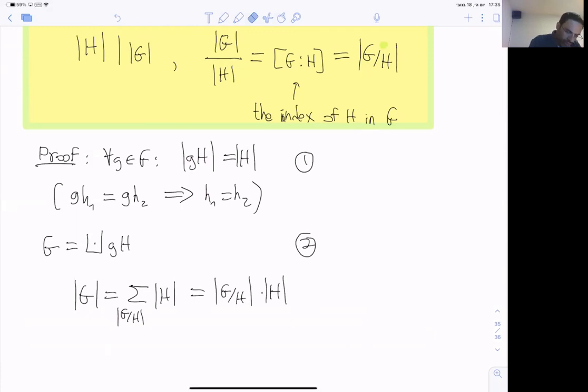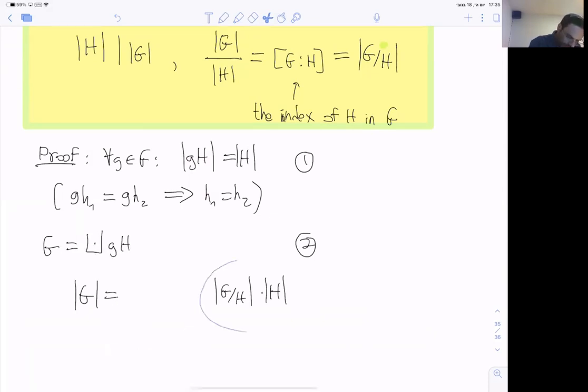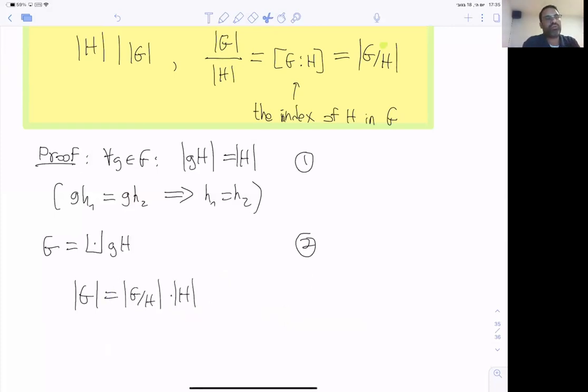This is exactly what it means: you can pave your floor by shifts of one size H, a shift of H, and a shift of H. How many shifts? The number of cosets. And we call it the index.